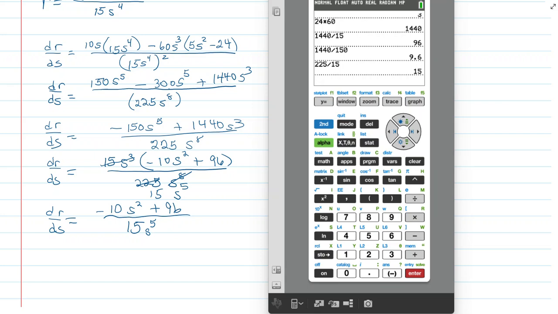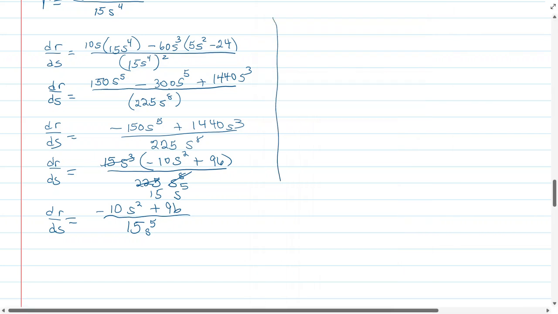Because it makes it easier to do the second derivative. Is everybody comfortable with that? Check my math. I think I'm good. All right, so we're going to do second derivative.